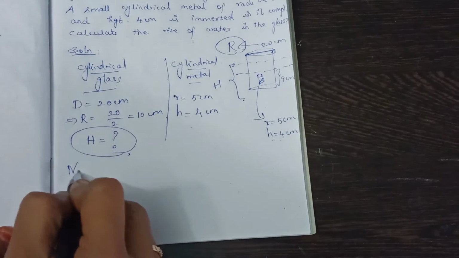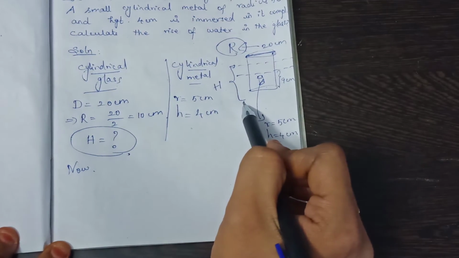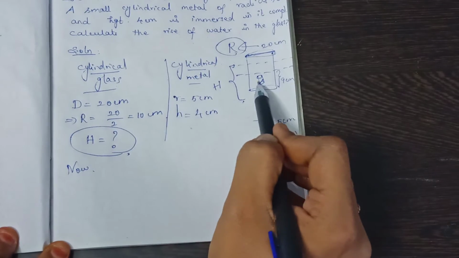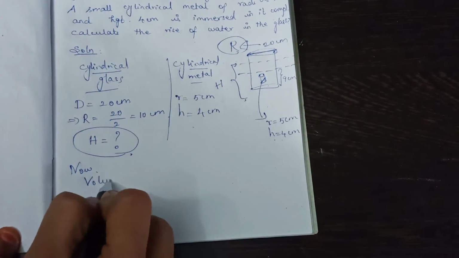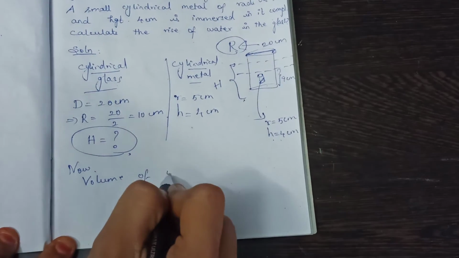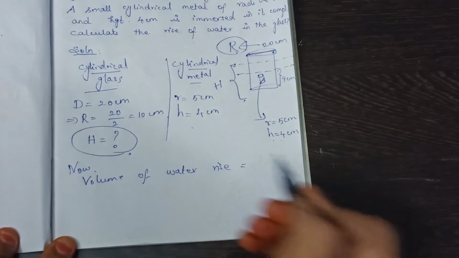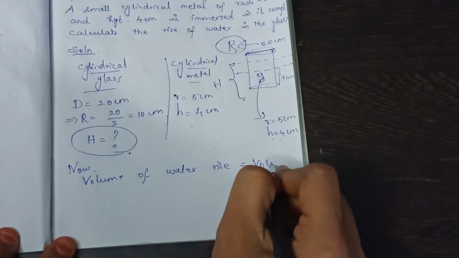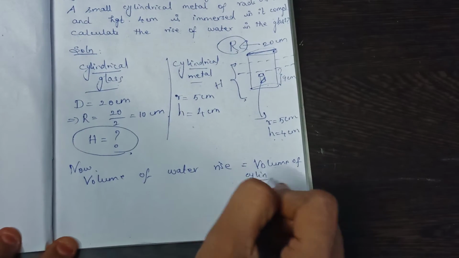Now here, according to the given condition, the volume of water rise will be equal to the volume of the cylindrical metal immersed. That is, volume of water rise will be equal to volume of cylindrical metal.